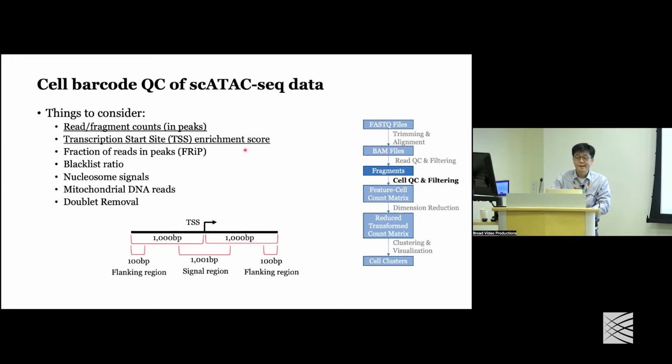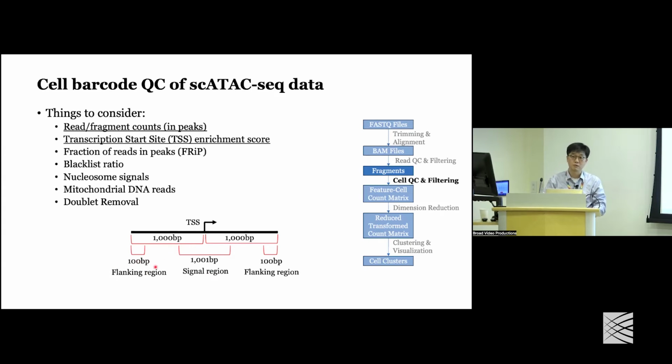So how does it work? In Seurat, and other tools that use a very similar formula, the TSS enrichment score is basically a fold change calculation. You first count the number of fragments that fall within the signal region, which is typically defined as 1,000 base pairs centered on the transcription start site. Then this number of fragments mapped to the signal region is normalized by the number of reads falling in the flanking regions, which are 100 base pair regions, 2 kb and 1 kb away from the transcription start site.